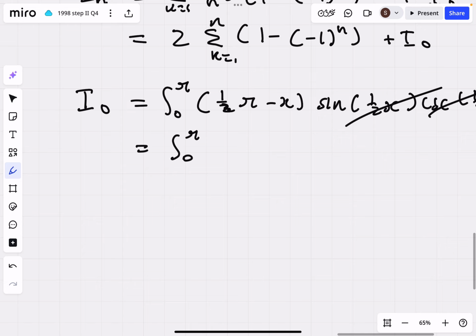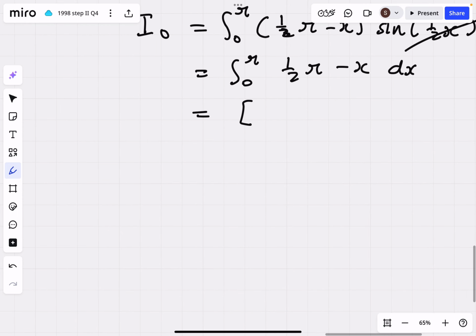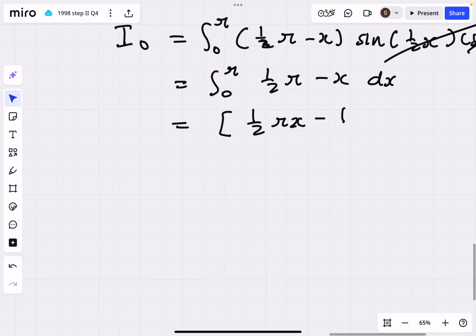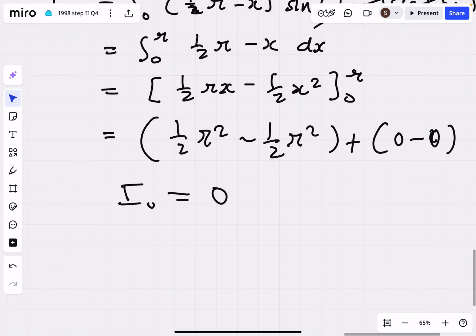So this becomes the integral from 0 to pi of half pi minus x dx. So that equals half pi x minus half x squared from 0 to pi. Well, this becomes half pi squared minus half pi squared plus 0 minus 0. So I_0 just equals 0.